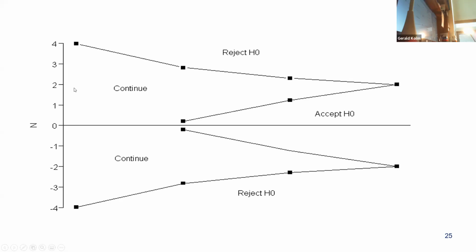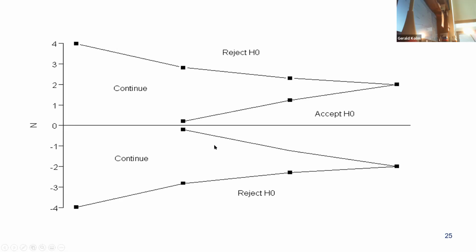And so what we're going to do is plot our test statistic, and remember that we have set up our error rate here so that it's small, or we need a large difference in the test statistic to begin with, and it gets smaller as we head towards the end of the study.